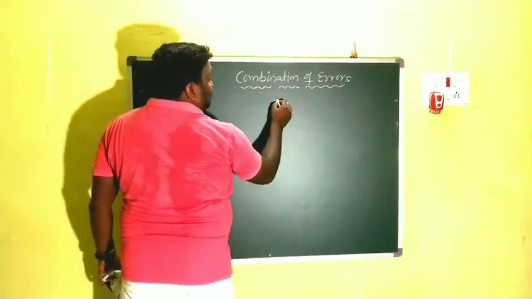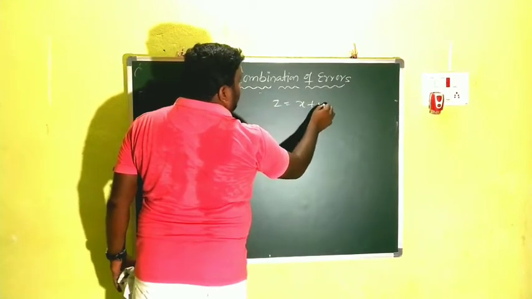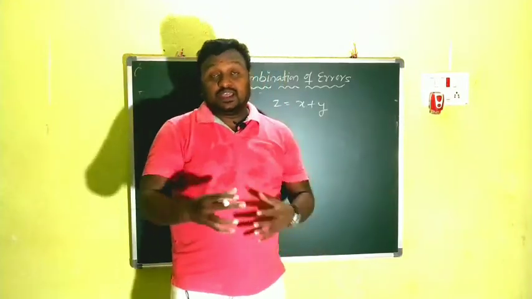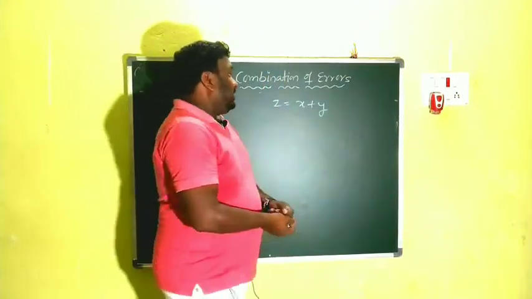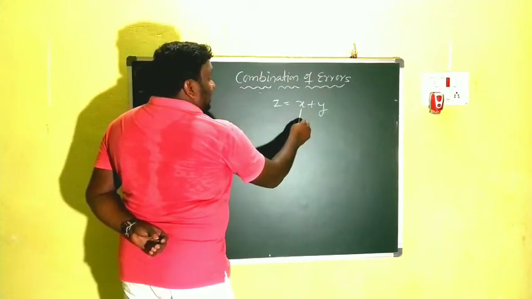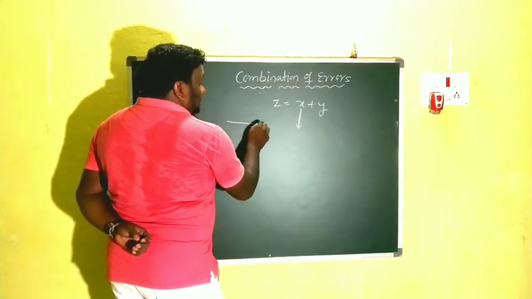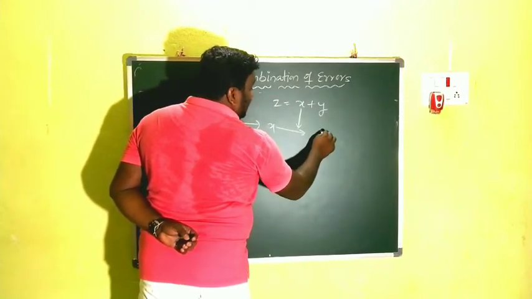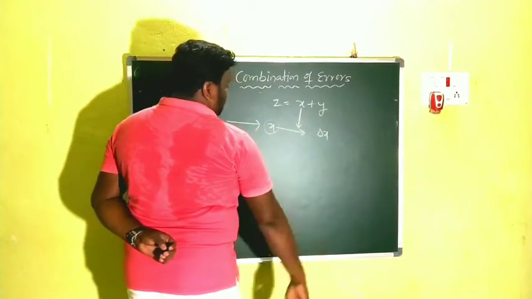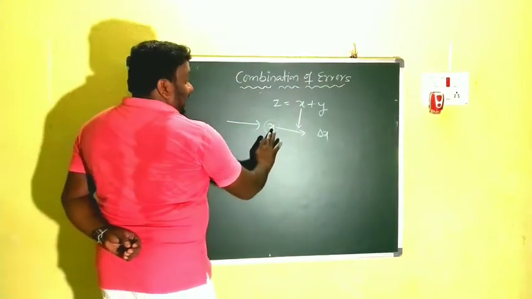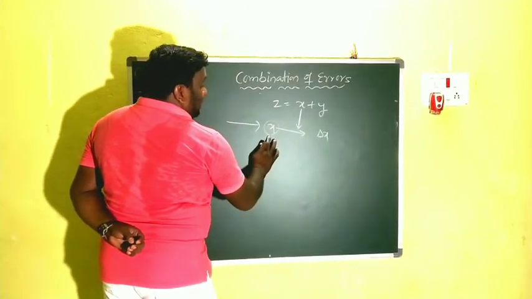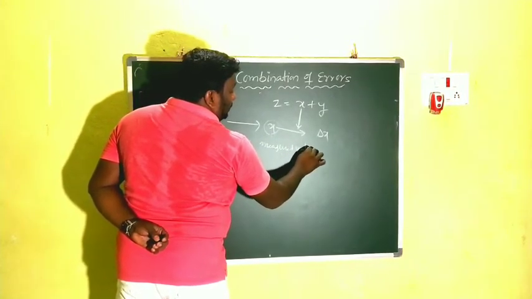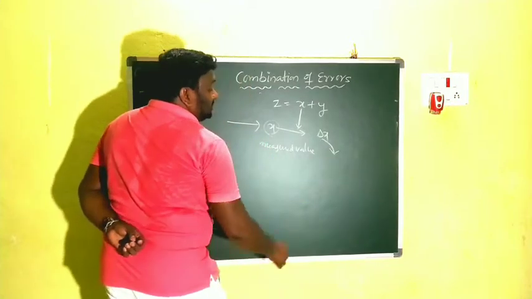Here I am taking Z equals X plus Y. In our textbook the relation is Z equals X plus Y. While we are doing some experiment we are measuring X, and there is some error in finding the value of X. X and delta X. X is the measured value, and what is delta X?